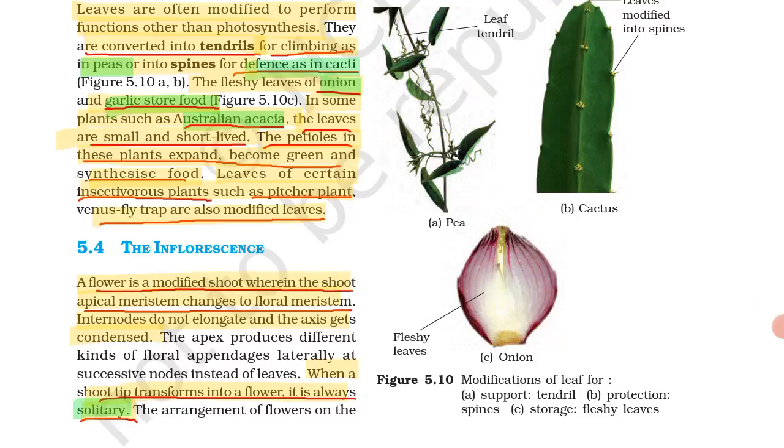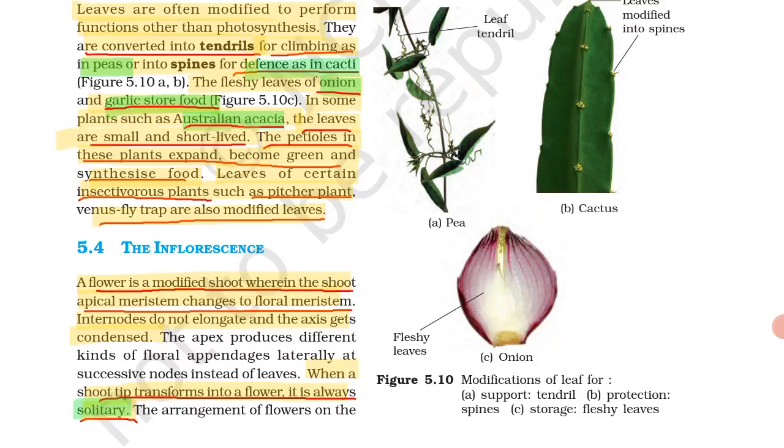The apex produces different kinds of floral appendages laterally at successive nodes instead of leaves. So in the apex of the plant there are different floral appendages, borne laterally at each successive node instead of leaves.